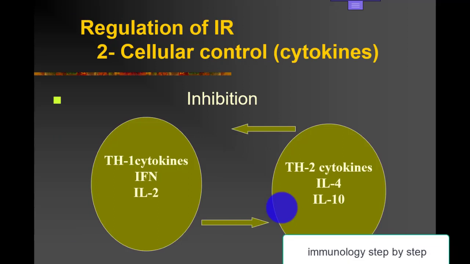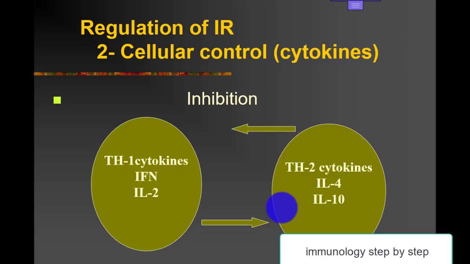Regulation of immune response, the cellular control or cytokines. The interaction between T helper 1 and T helper 2: T helper 1 secretes interferon and interleukin 2; T helper 2 secretes cytokines, interleukin 4, interleukin 10.